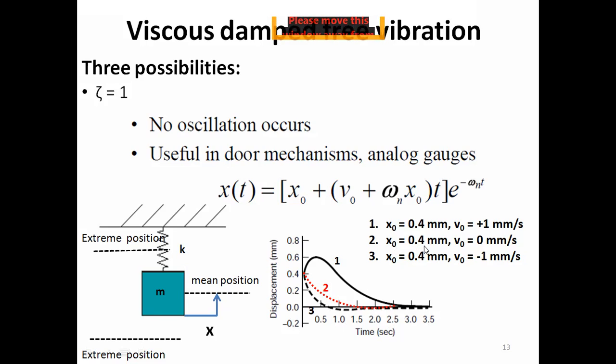Now see the second initial condition. X naught is plus 4 millimeter, V naught is 0 millimeter per second. Velocity is 0. Displacement is not 0, which means it is not at the mean position. The velocity is 0, which means that the mass has reached the top extreme position.